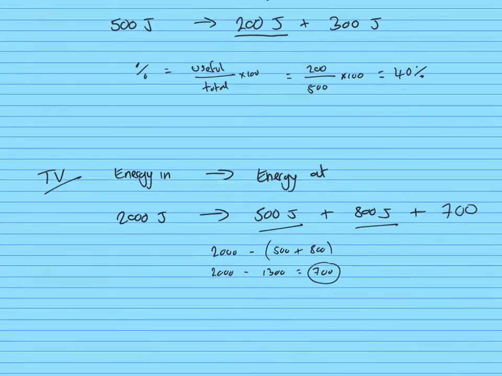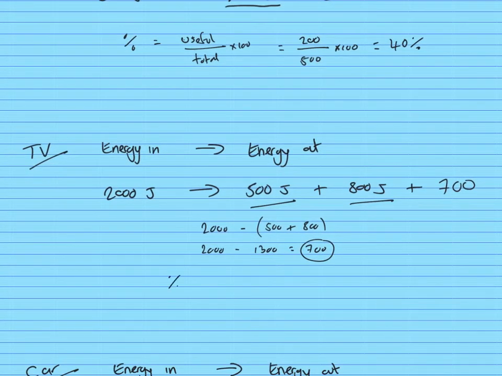Now I'm going to calculate the efficiency. Percentage equals useful over total times 100. What's my useful energy? It's 500 plus my 800 this time, so I've got 1300, over, what's my total energy?